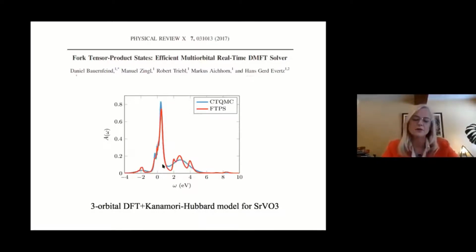So the agreement is quite good, but with the tensor network method they have some structure in the upper Hubbard band. So that looks promising.